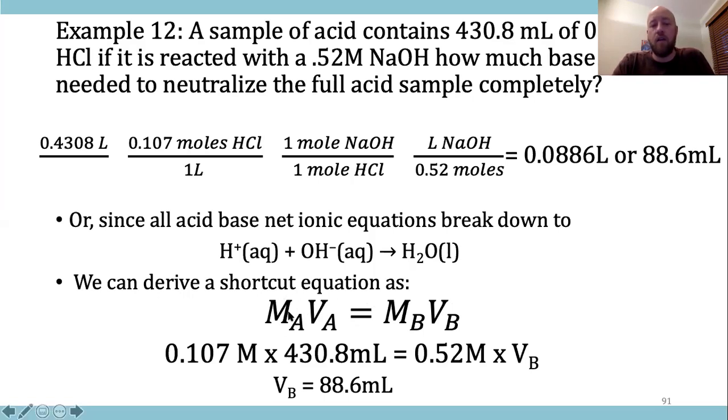So my molarity of my acid in my problem, my volume of my acid, 430, and my molarity of my base, 0.5, multiply and divide, 88 milliliters. Okay, so you can take a shortcut if we identify that it is acid base. Okay, again, we'll come back to this later.